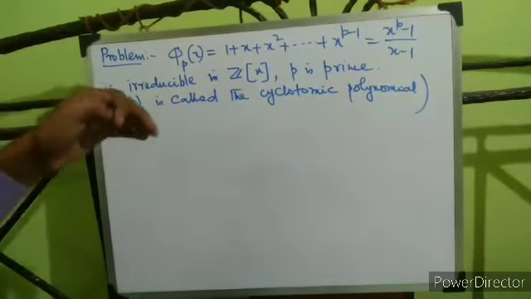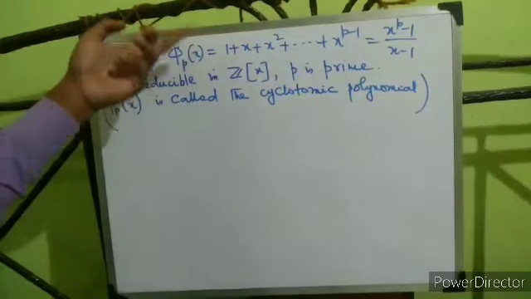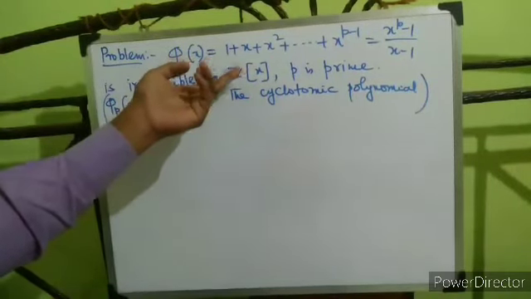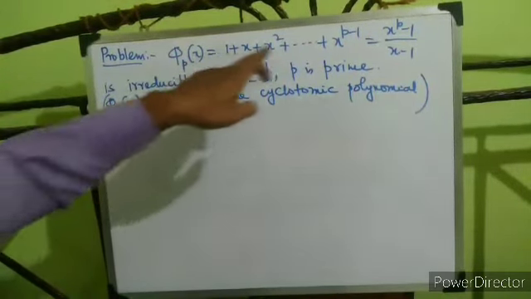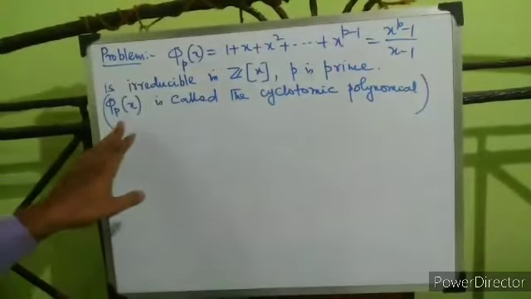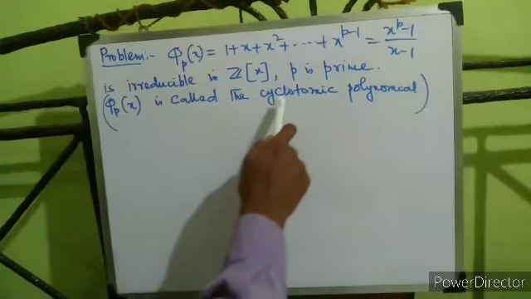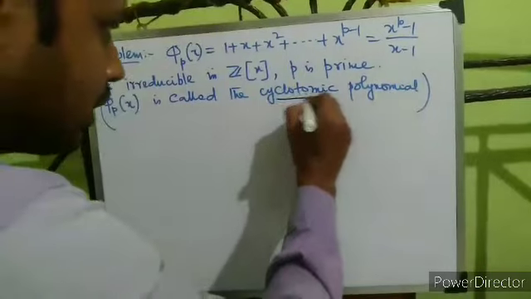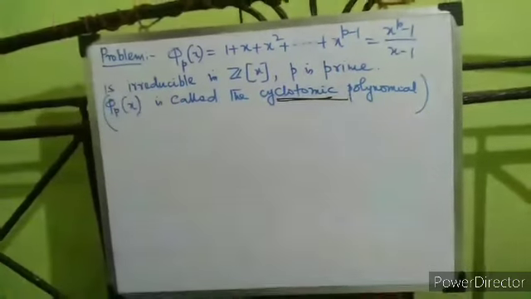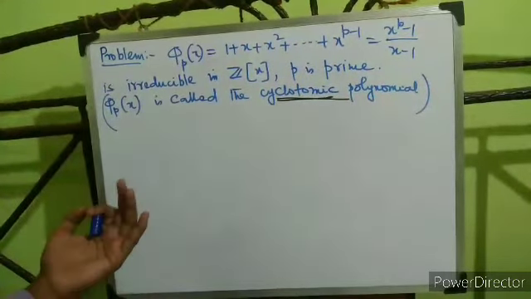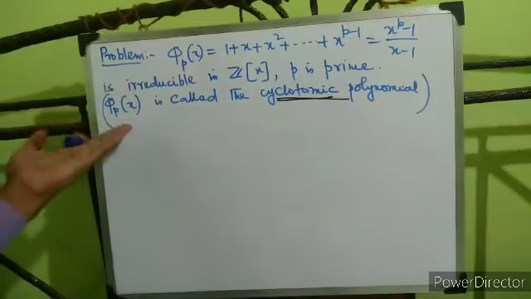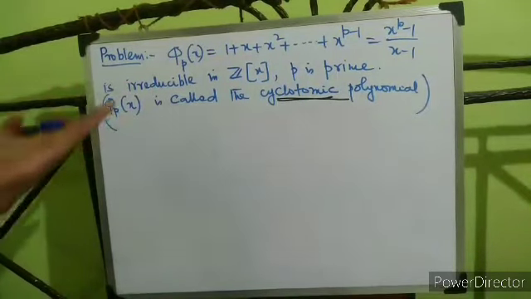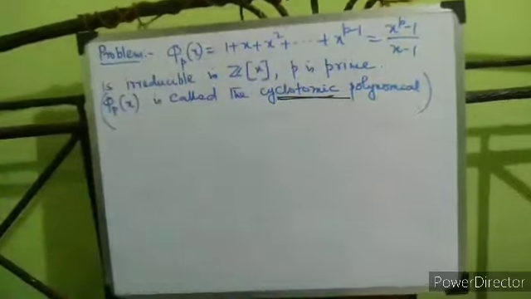So I have to show that phi_p(x) is irreducible over Z, where p is prime. This phi_p(x) is called the cyclotomic polynomial, and the cyclotomic polynomial where p is prime is irreducible in Z[x].